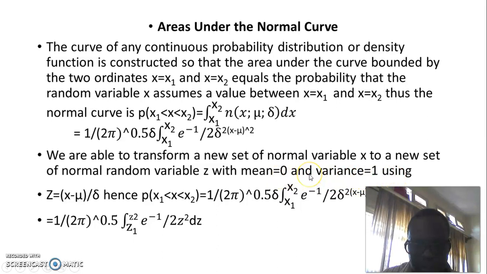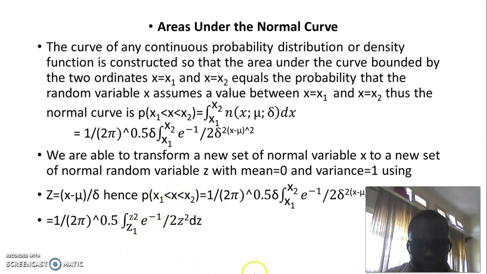In order to use the standardized normal distribution, you need to transform the normal distribution function by computing z, which is equal to x minus mu over sigma.